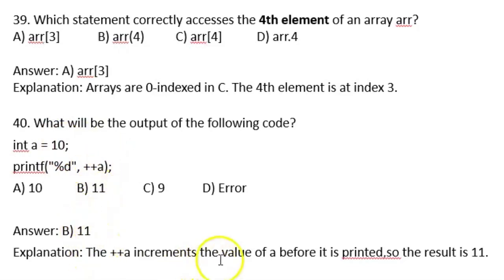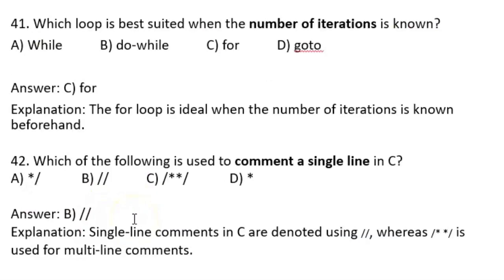The answer is 11. Plus plus increments the value of a before it is printed, so the result is 11. For a plus plus, it would be post-increment, which is not the case here. Plus plus a is pre-increment, which increments first. 11 is the answer, B.